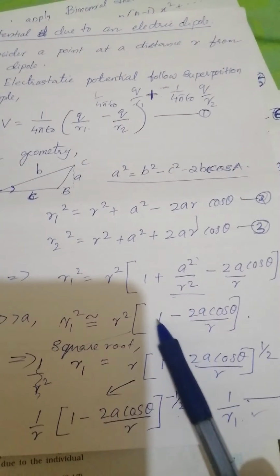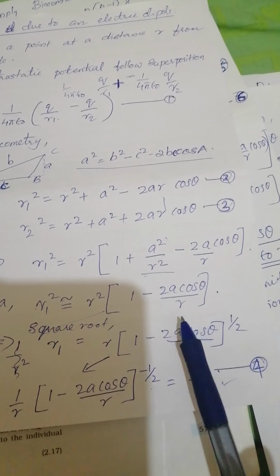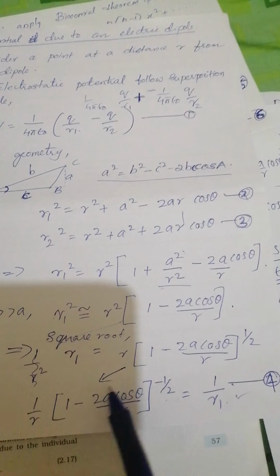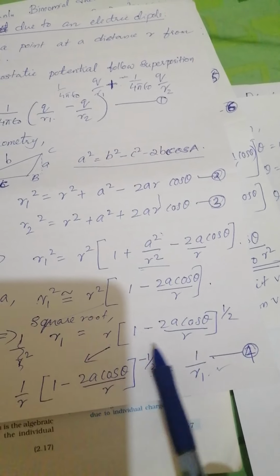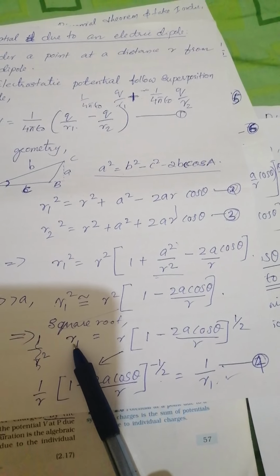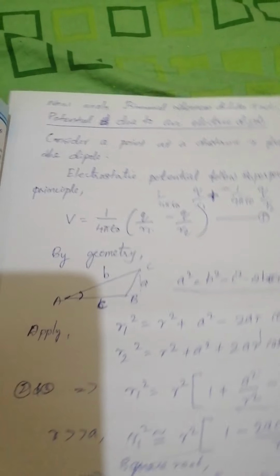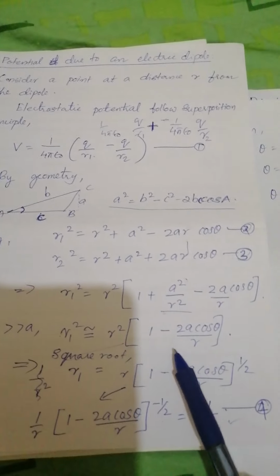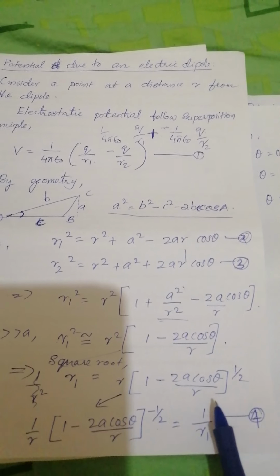That is R will become 1 by R, and this plus half, when it goes to the downside of this equation, it will be minus half, that is 1 minus 2A cos theta divided by R raised to minus half is equal to, this LHS definitely goes to the other side, that is 1 by R1. So equation 2 changed to equation 4.